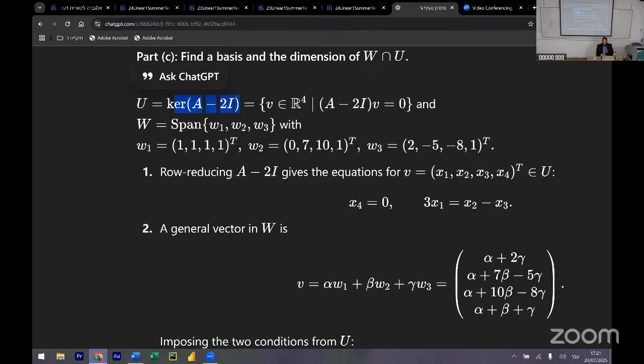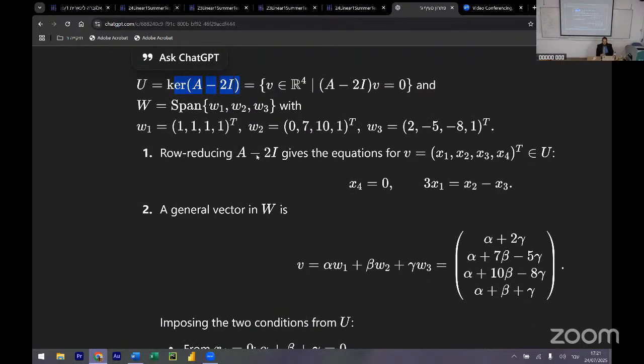W is this space, fine. Now reducing A minus 2I, it did exactly the same thing. Look, at least in part 1, he went for the algebraic equation. So we did that. He's just not showing the work.